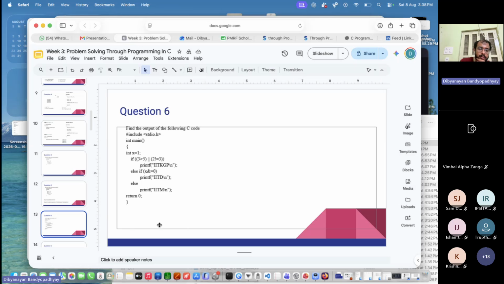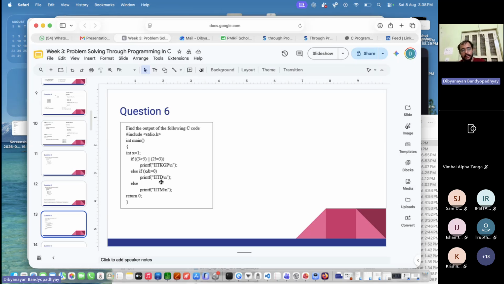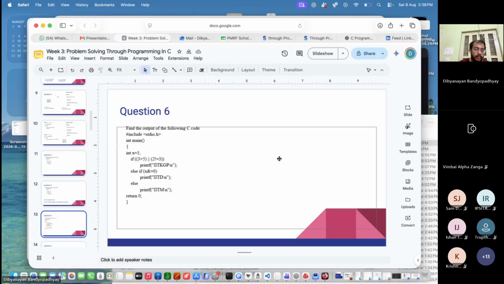So yeah, see the if expression carefully and see what will get printed actually.